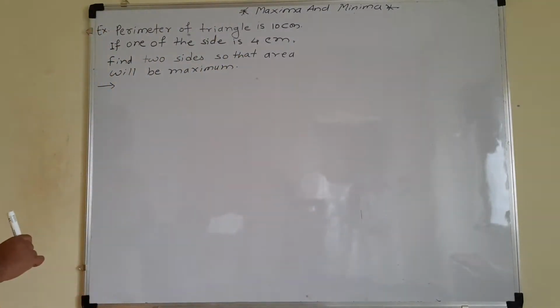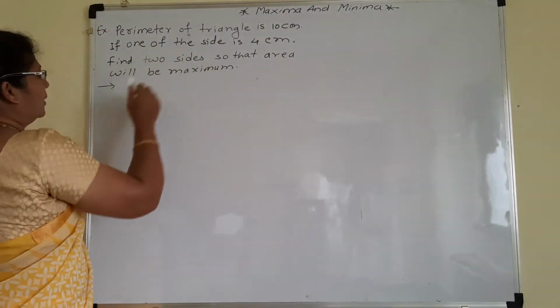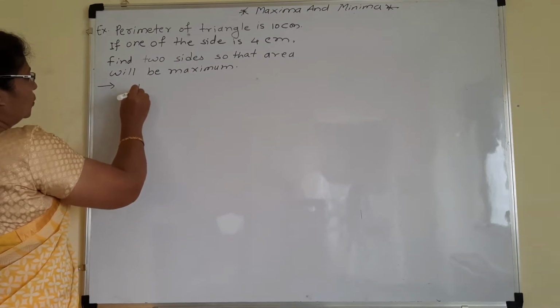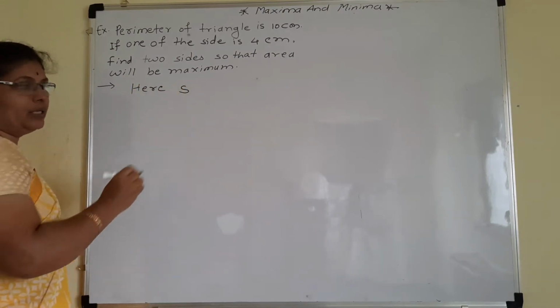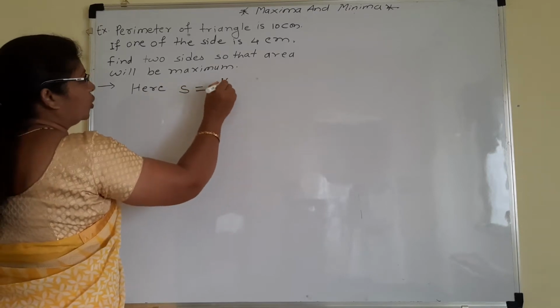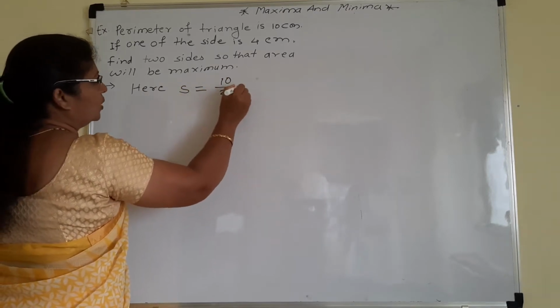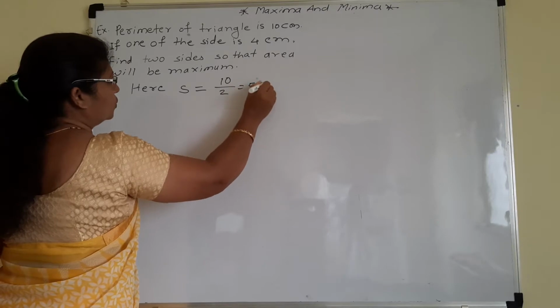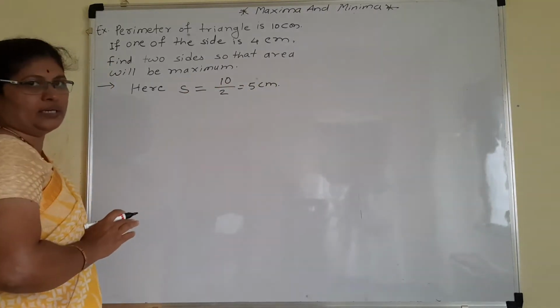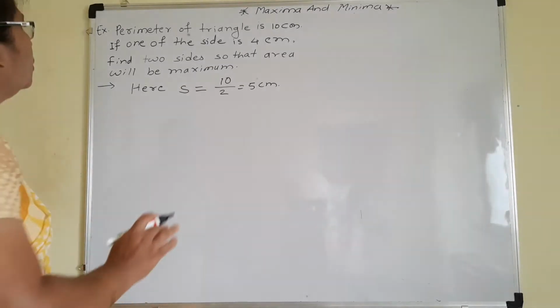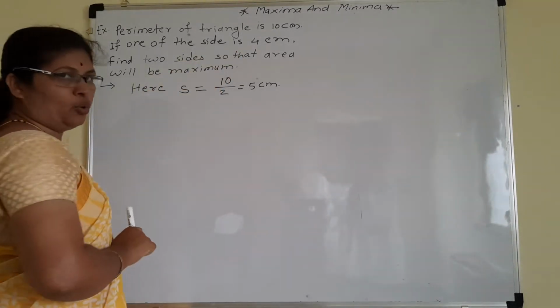So for that the perimeter is given. Using the perimeter we will find s. Here the perimeter is 10. So the semi-perimeter s is equal to the total perimeter 10 divided by 2, that is equal to 5 centimeter. Right? s is equal to 5 centimeter. Then one of the sides is given as 4 centimeter.